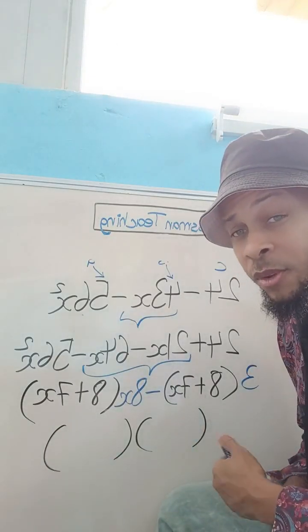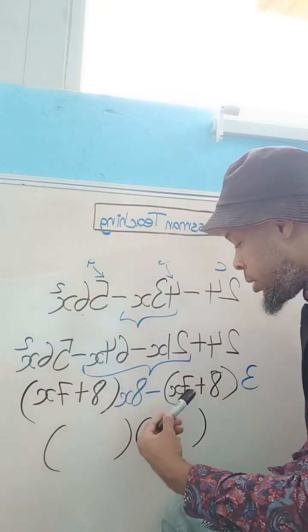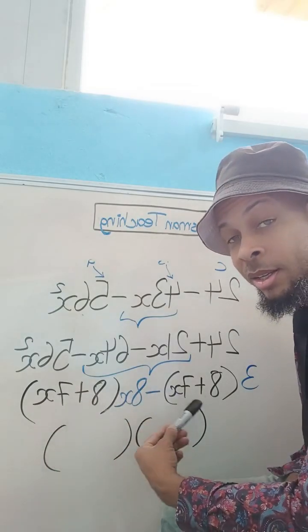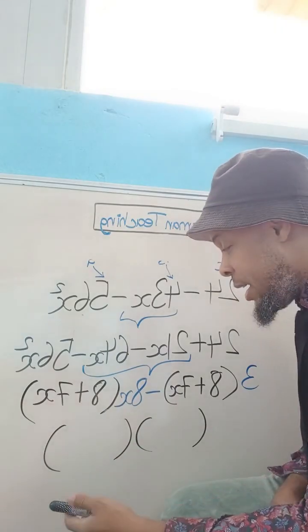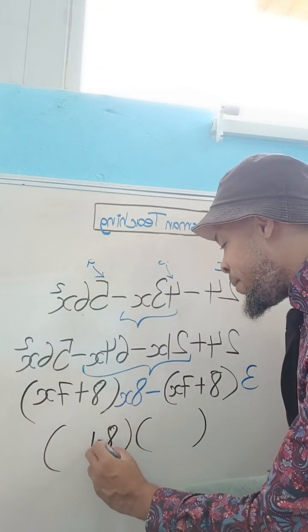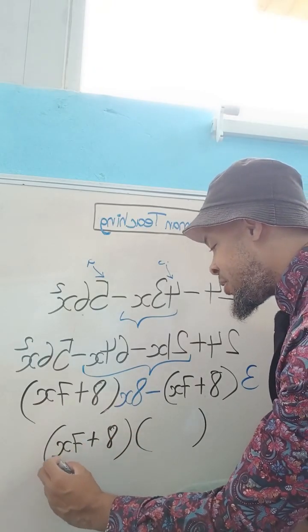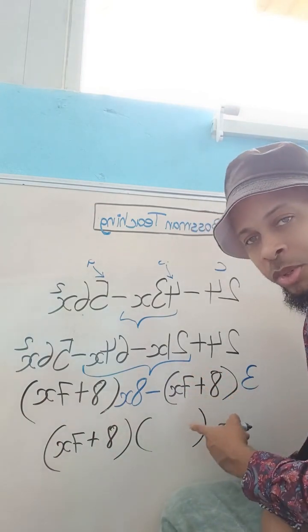Now, if you've seen this in my videos before, this and this is the same thing. So no matter which one of them you pick, take that and put it here. So you have 8 plus 7x right here. And then what you see in blue, you put over here.